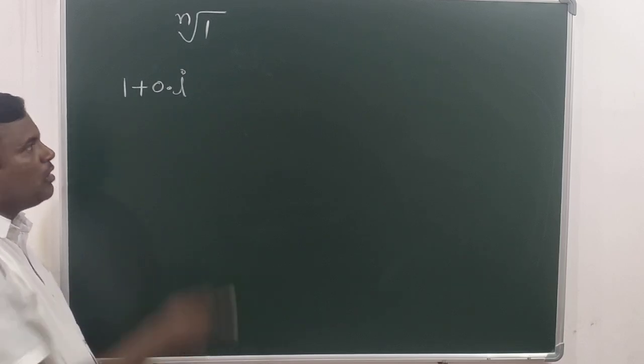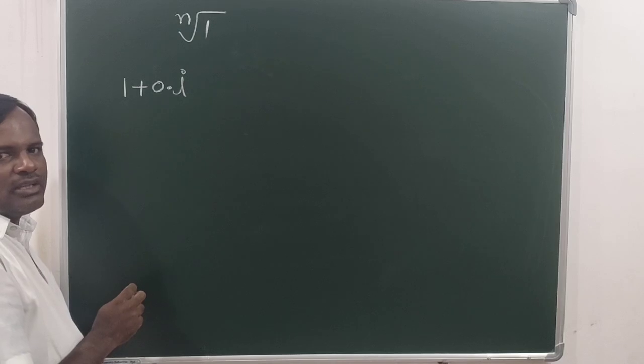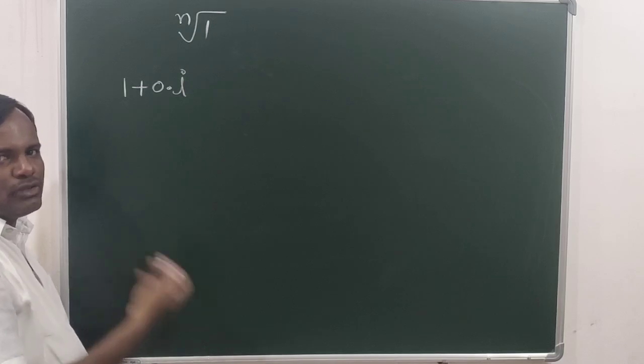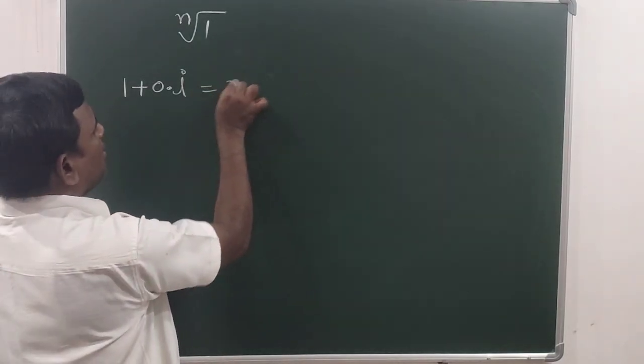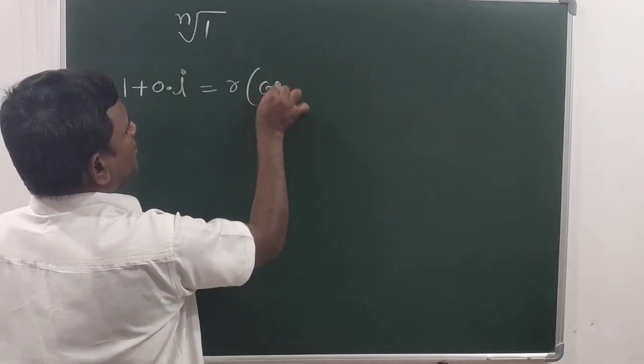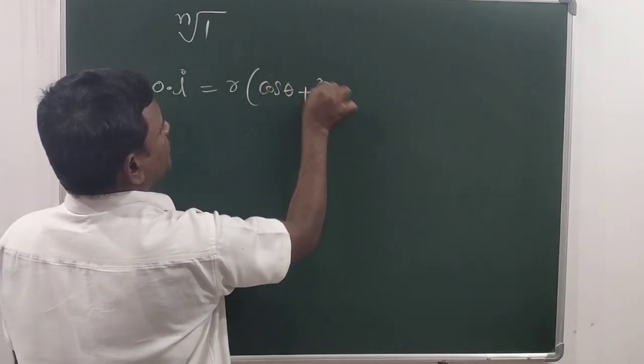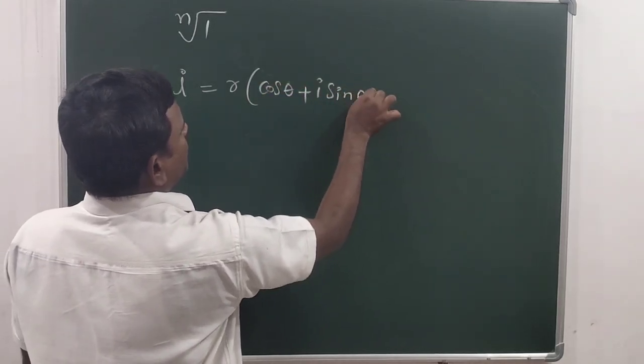You know how to convert this Cartesian form of complex number into the polar form, r of cos theta plus i sin theta, where r is the magnitude or modulus of this complex number. So here magnitude is 1.